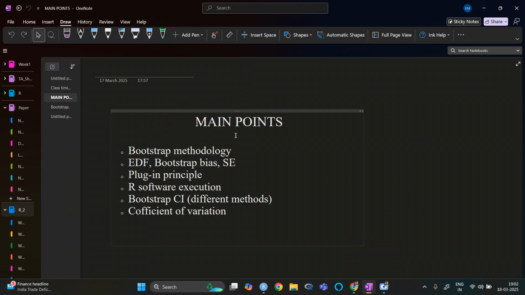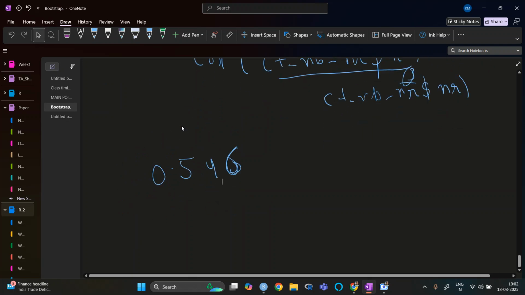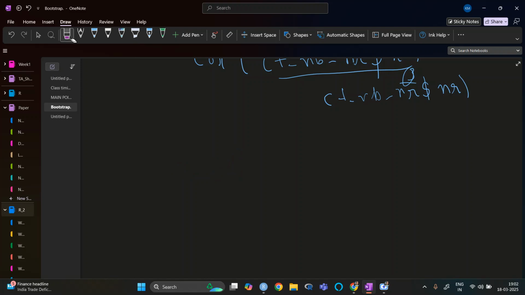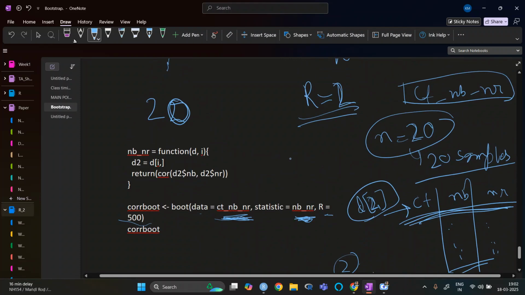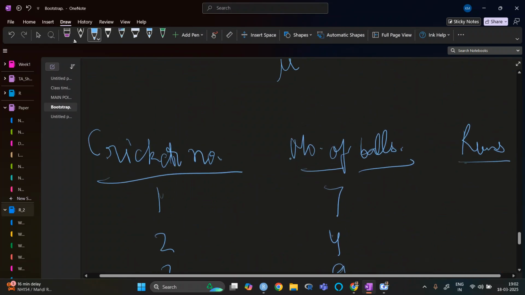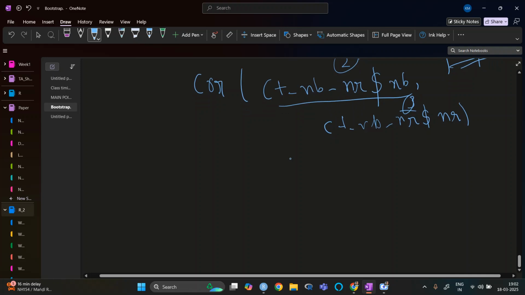Okay, so we have executed this, and the next is the bootstrap confidence interval. Whatever we have done till now, we have always found the confidence interval for the coefficient, because just by one point we may not understand very well how the samples behave inside of it. So we find the confidence interval.